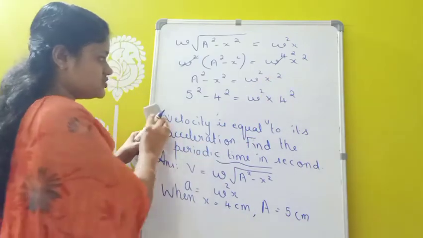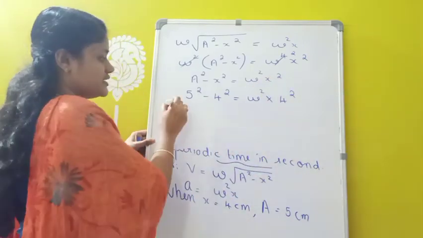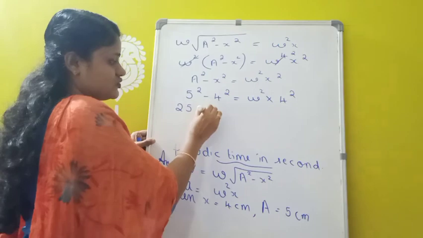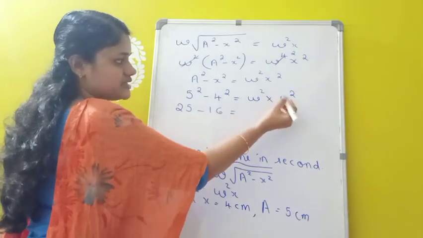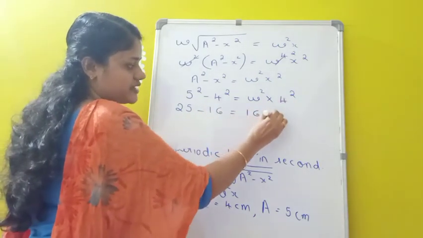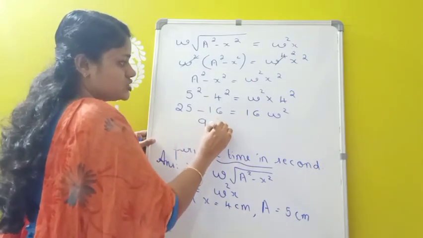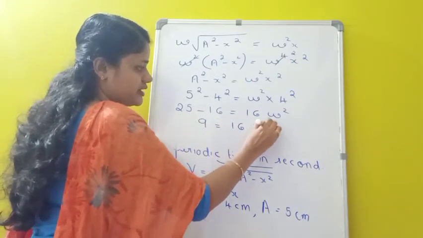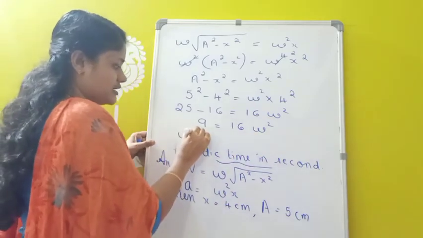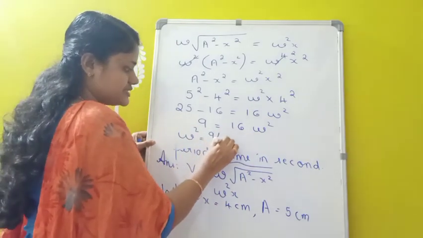That means 5 square is 25 minus 4 square is 16 equals 4 square, which is 16, into omega square. So 25 minus 16 is 9, so 9 equals 16 omega square, and omega square equals 9 by 16.